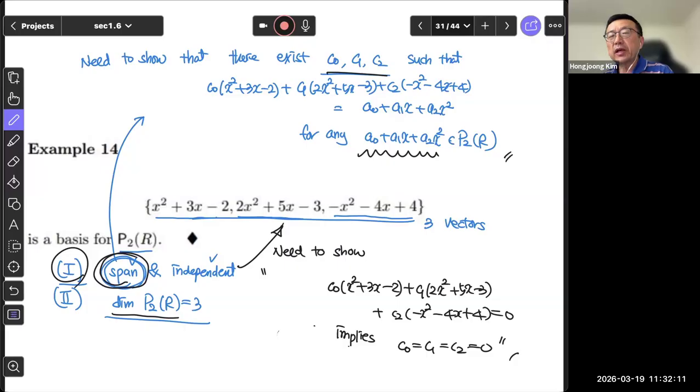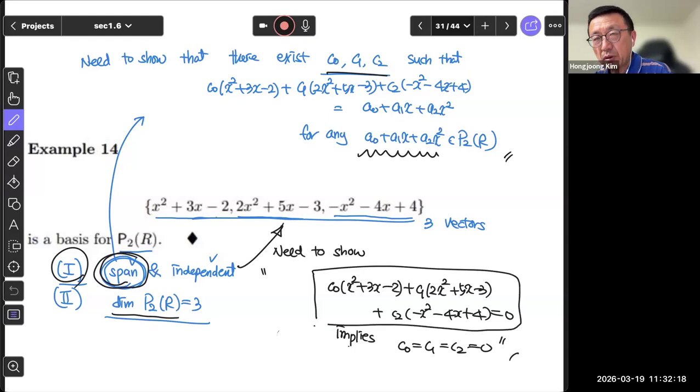If you want to prove that this set is independent, then you just assume that certain linear combination is 0, and then you need to derive that these three coefficients must be all zeros. So if you show one of these two, not both, okay? If you can show one of these two, then that will prove that the set is a basis.